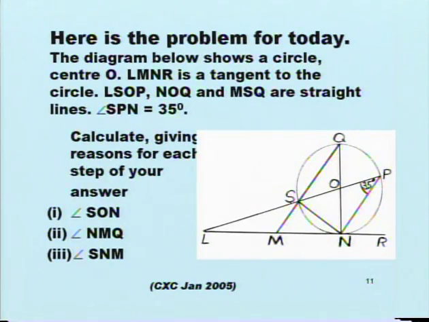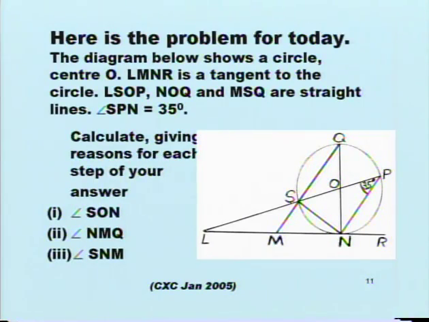Here is the problem for today. The diagram below shows a circle, center O. LMNR is a tangent to the circle. LSOP, NOQ, and MSQ are straight lines.